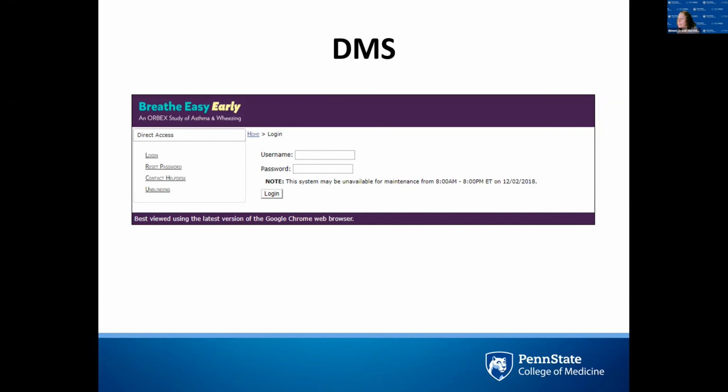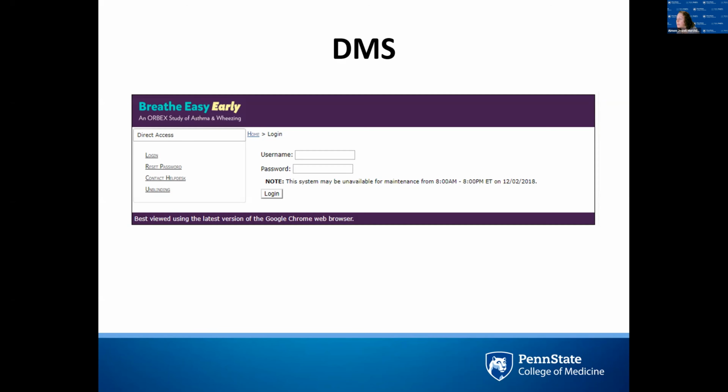Our investigators, we have a role for just those who need access to documents, a role for participants to respond to surveys directly, a reimbursement user who is kind of our finance guru, lab techs, and monitors.